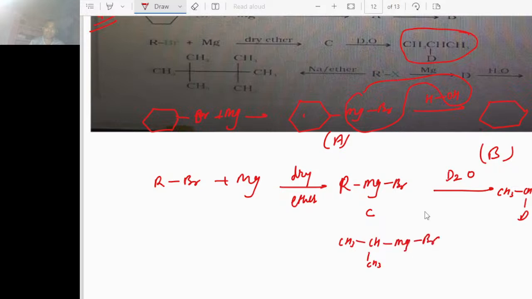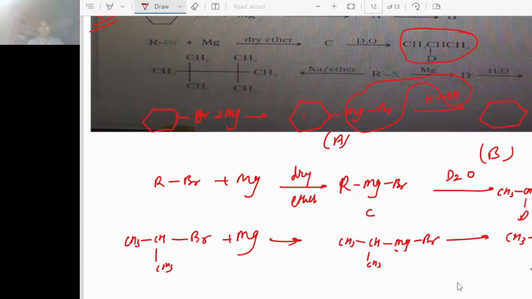So here 1D, so MgOD, D is coming here. The compound is CH3, CH, CH3, and here is Br, and you treat with the Mg, student, so you got this, and treating with D2O, you got this compound, CH, this is the D, and here is CH3. So up to here we have solved, student, right?